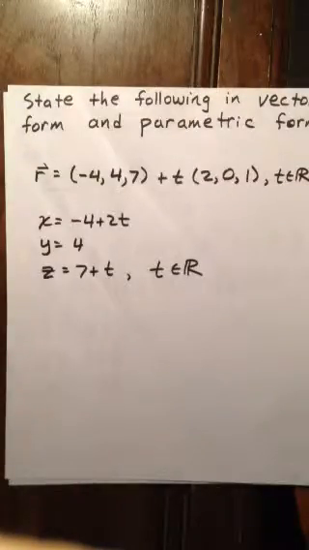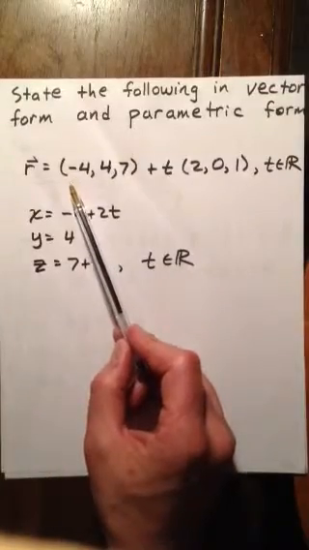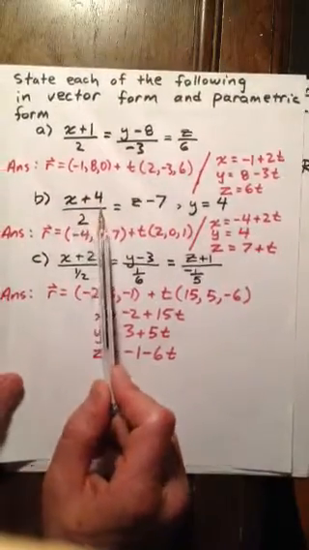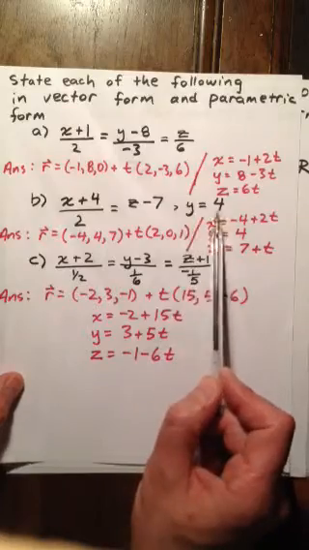Okay, moving to the second equation, we have the original equation being (x + 4)/2 = z - 7, with a y value of 4.